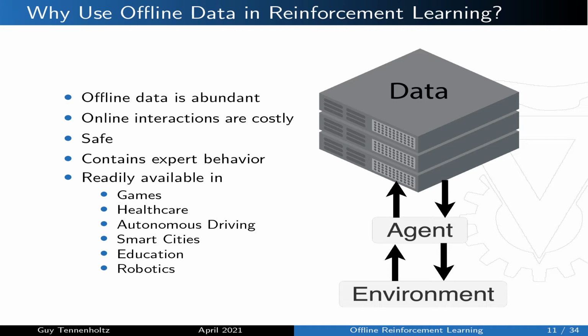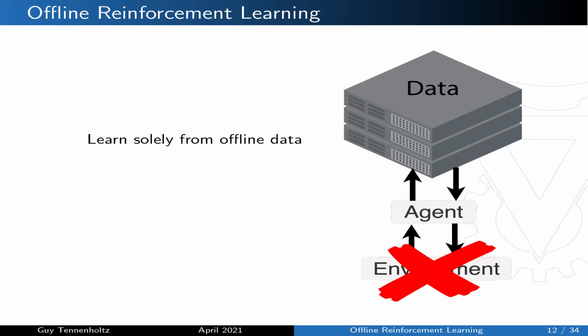And like I said, offline data is already available in many different domains, from games, healthcare, autonomous driving, education, and so on. And here, what we want to do is solely learn from offline data. So we're not going to be using the environment at all.